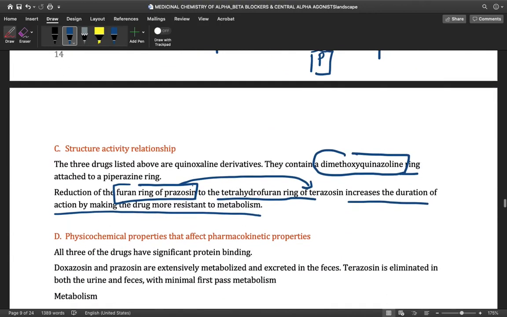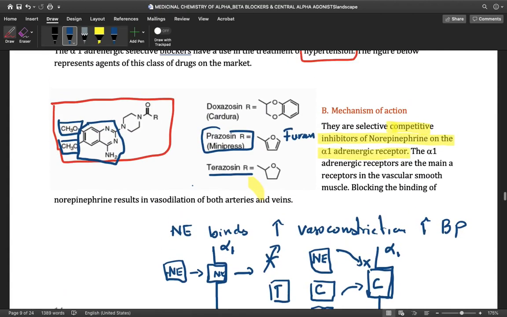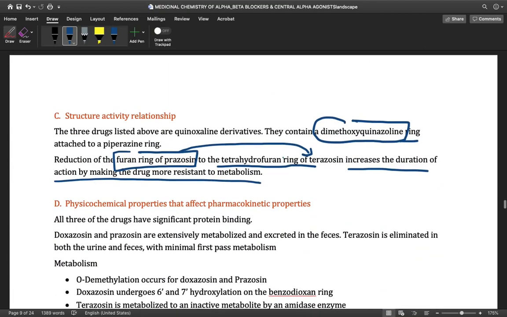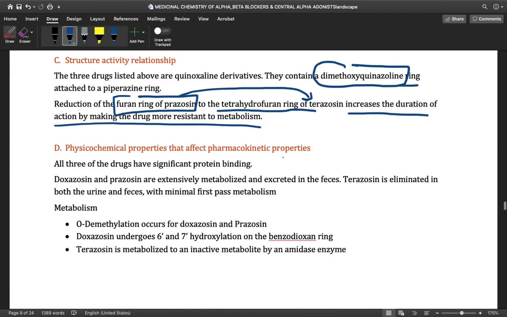Terazosin has a tetrahydrofuran, which basically means that you've added one hydrogen, two hydrogen, three hydrogen, four hydrogens here. You have removed the unsaturation and went from a furan to a tetrahydrofuran. And when you do that, you actually increase the duration of action.